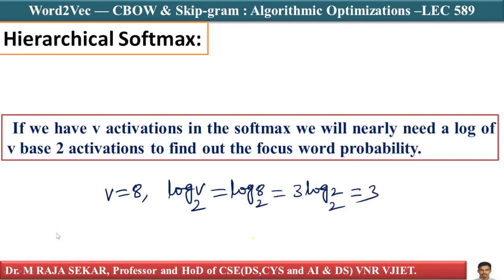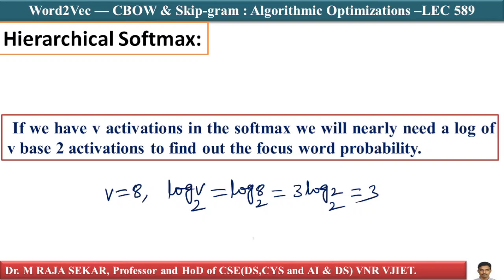So you just need 3 activations instead of 8. You are creating a hierarchical softmax, which reduces the number of activations you need to determine the final probability.